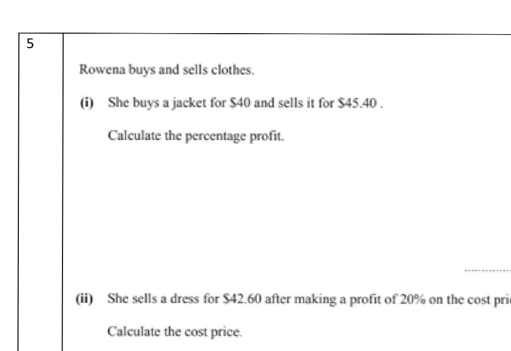Number 5, Rowena buys and sells clothes. She buys a jacket for $40 and sells it for $45.40. Calculate the percentage profit.